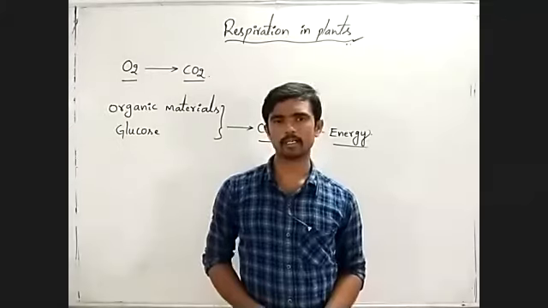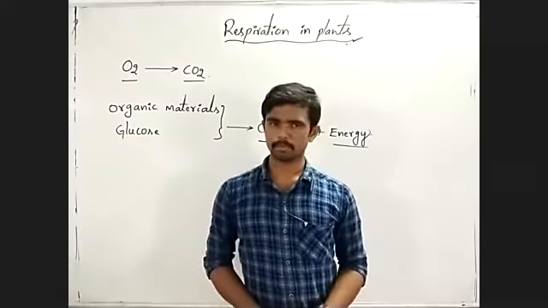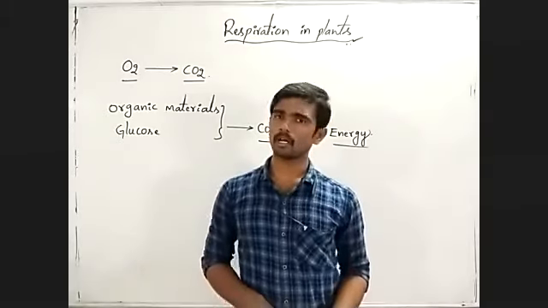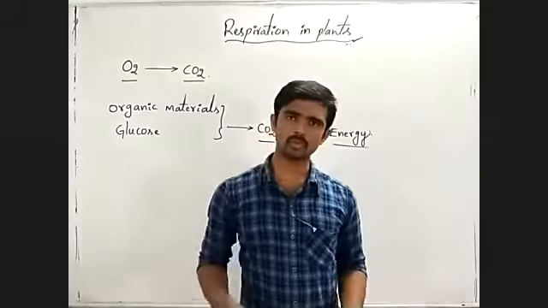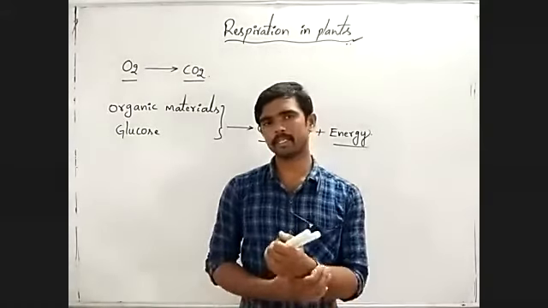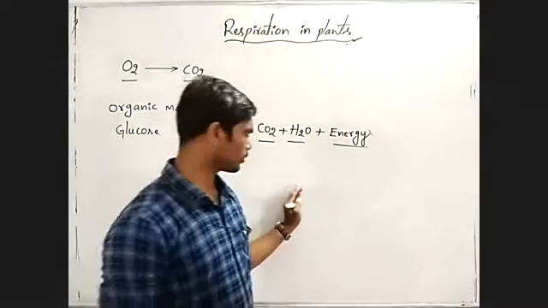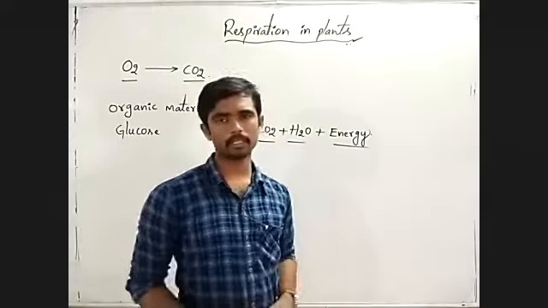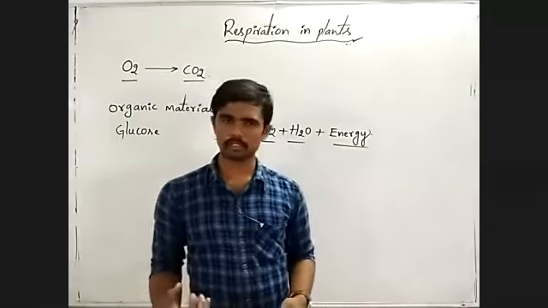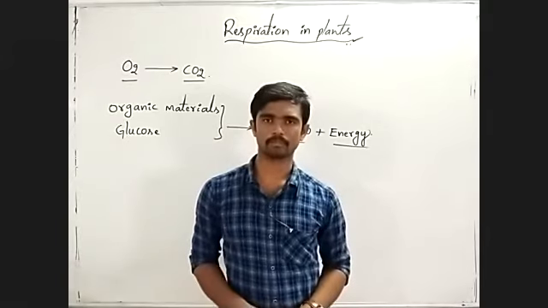Why are these special respiratory organs and respiratory system absent in plants? There is no need of the respiratory system. Okay, here there is no need because when compared to animals, plants do not have the complexity.